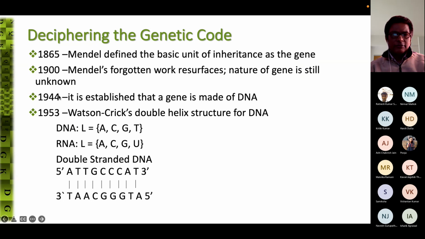And it was in 1944 that somebody established that the gene is made up of DNA, right? That gave the kickstart to a new theme of research, trying to find out what the genetic inheritance code is.